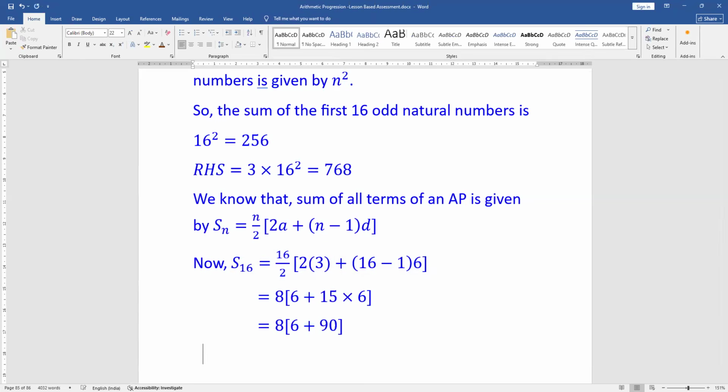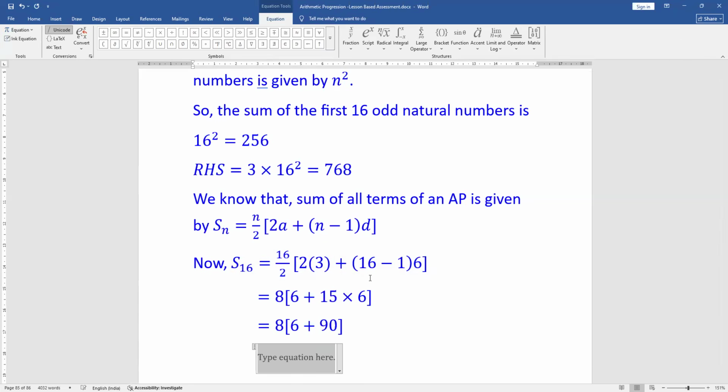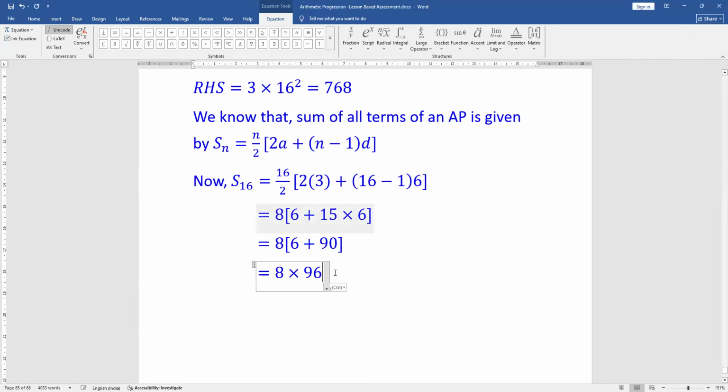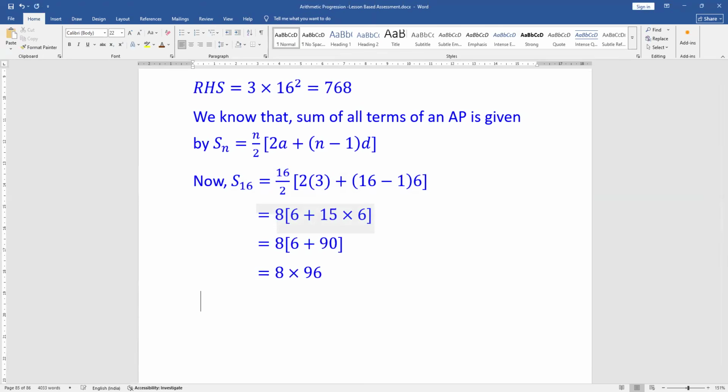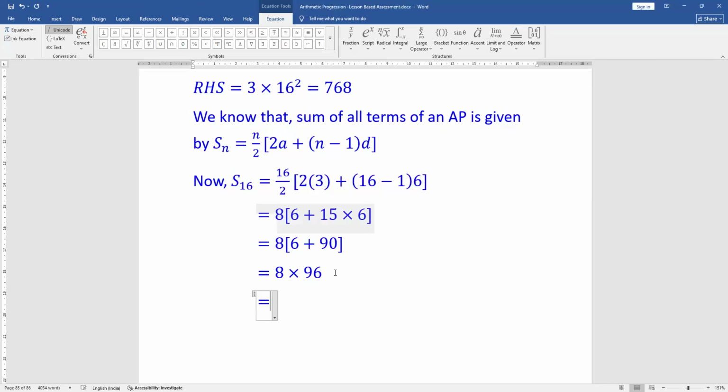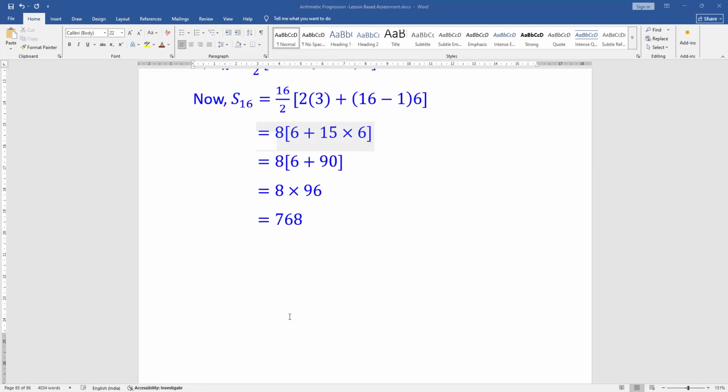Correct? 8 into 96, this value also becomes 768. So what are we getting? Hence LHS equals RHS. Hence proved. That's it.